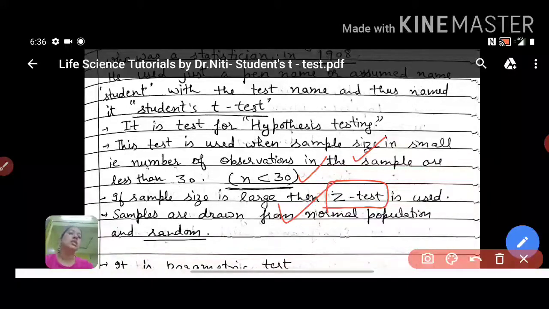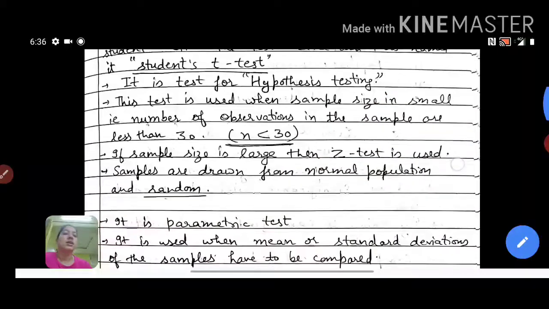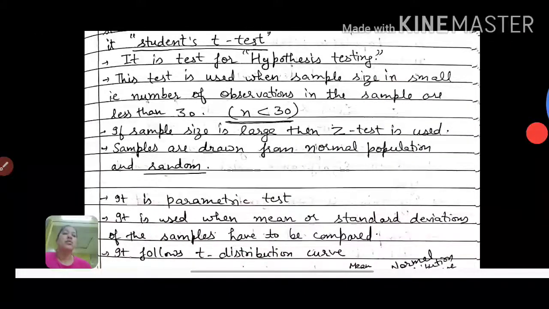So these two tests are similar to each other, or we can say that the t-test is the smaller version of the z-test. In this video I mainly describe the t-test.